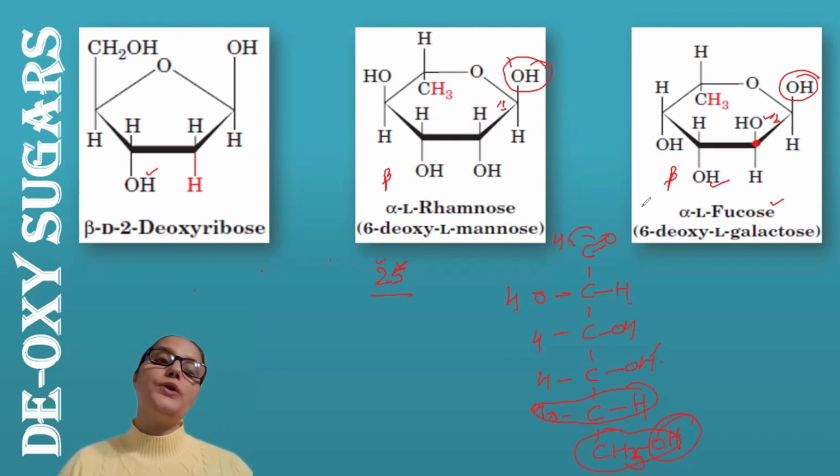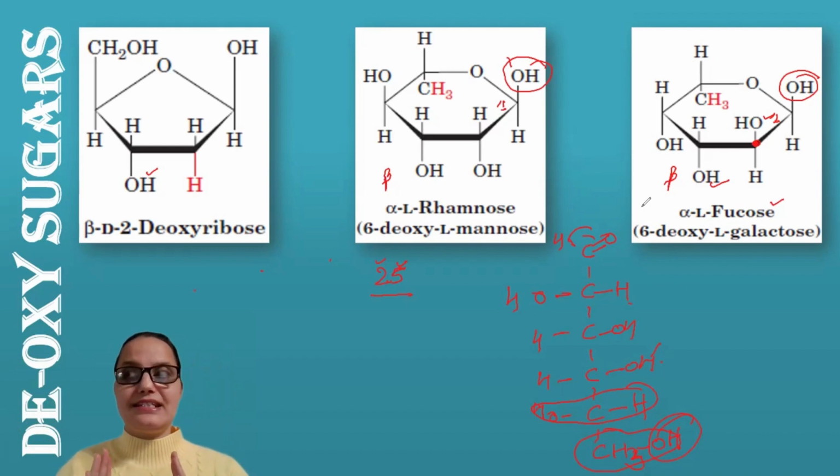If we are dealing with L monosaccharides, which are actually very rare, then the situation is reversed, so don't get confused. It is just an additional point which you need to keep in mind, right? Whatever is true for the D form, the reverse of it is true for the L form. That is the only difference.